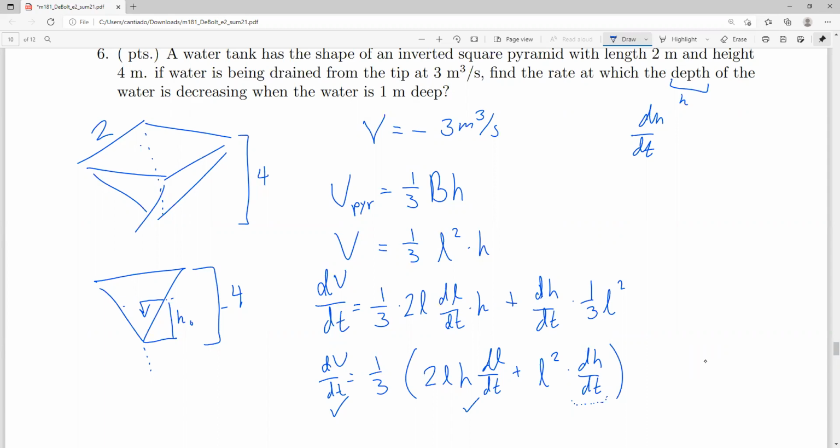Let me double think this real quick. In order to find the length at that point, we'd also need to know what the volume is at that point. Yikes, this problem actually is a little bit harder than you think, right? And the depth of water is 1 meter deep.